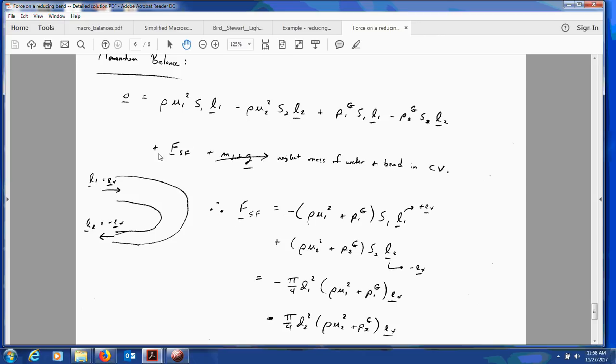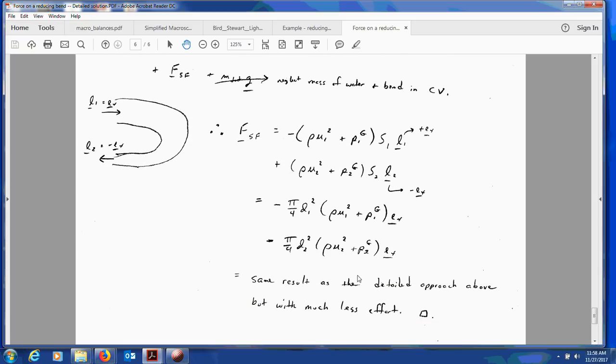So we can solve this equation for F_SF, the force the flange bolts exert, and we find this equal to minus (rho U1 squared plus P1 gauge) S1 times L1 plus (rho U2 squared plus P2 gauge) S2 times L2. L1 is plus e_x, as we've just said. L2 is minus e_x.